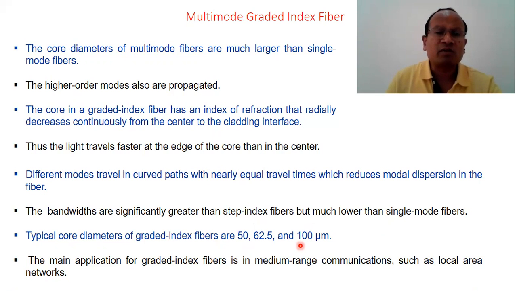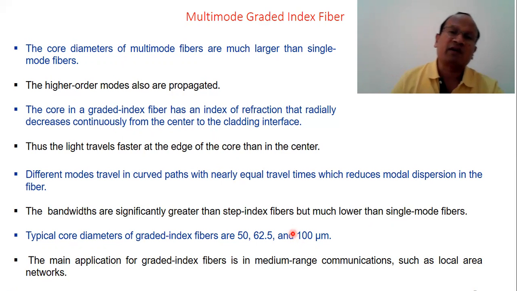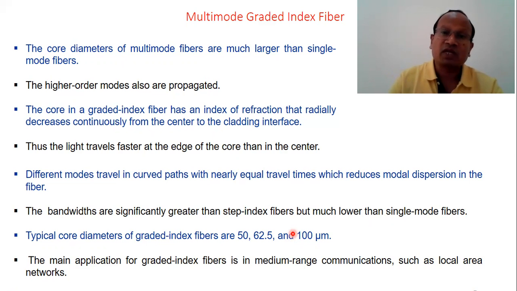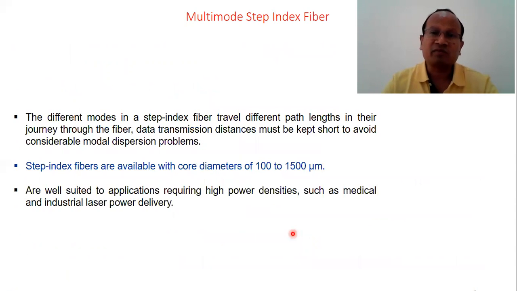The main application of the multimode graded index fiber is in medium range communication, such as local area networks. When we connect fiber optic in a local area network, this type of fiber is used.